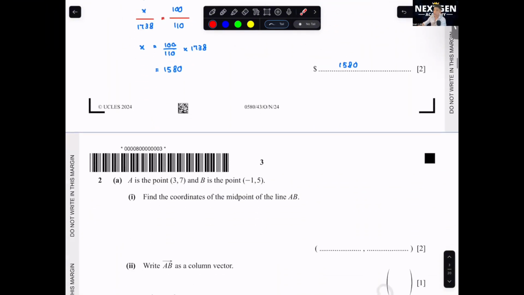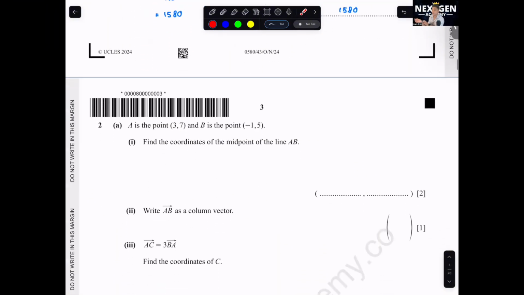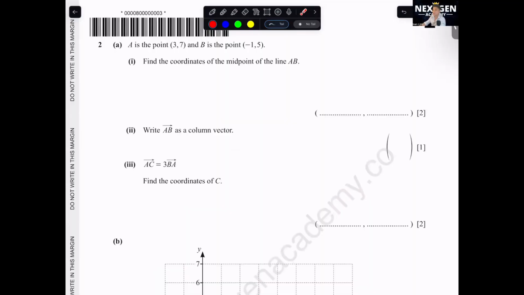Question 2. Okay, question 2 is a mixture. Okay, got coordinate geometry, got a bit of vectors, and also transformation. A is the point (3, 7) and B is the point (-1, 5). Find the coordinates of the midpoint of the line AB. Okay, what is midpoint formula?